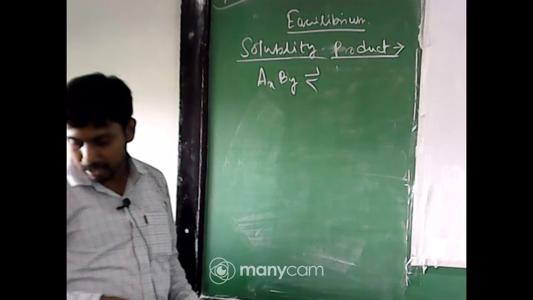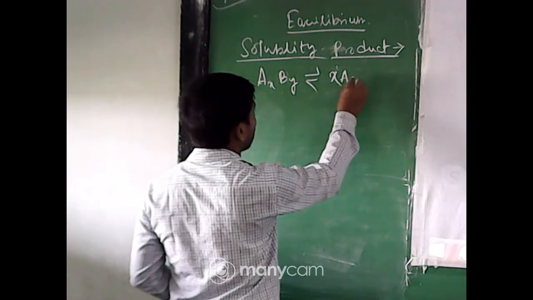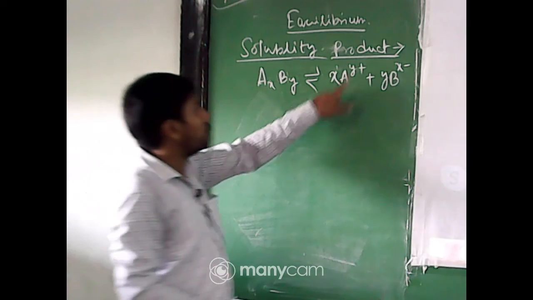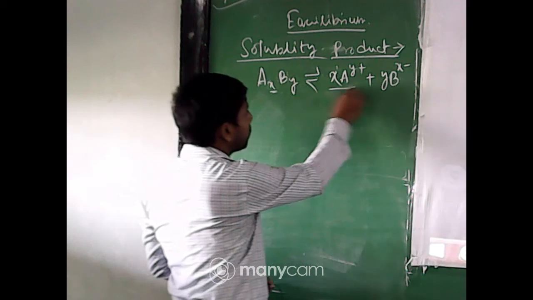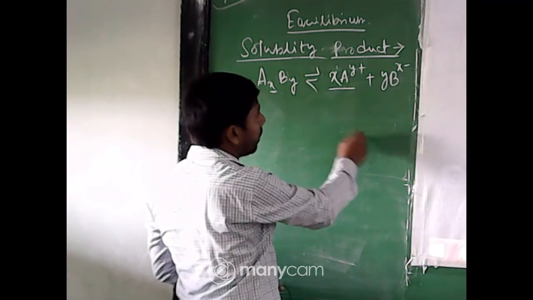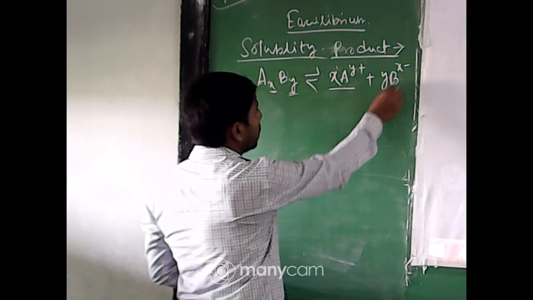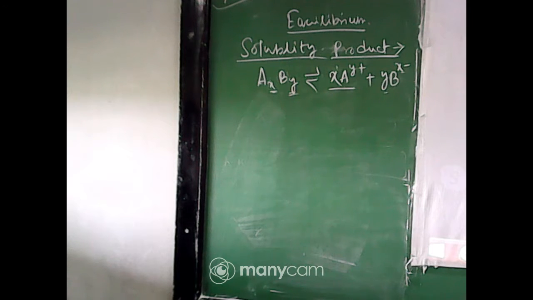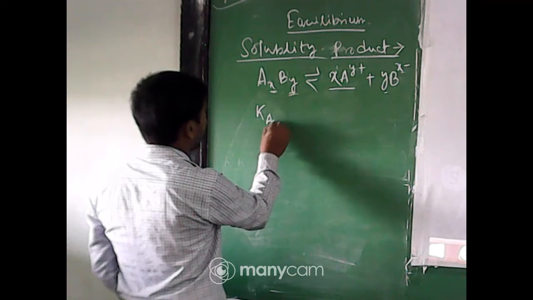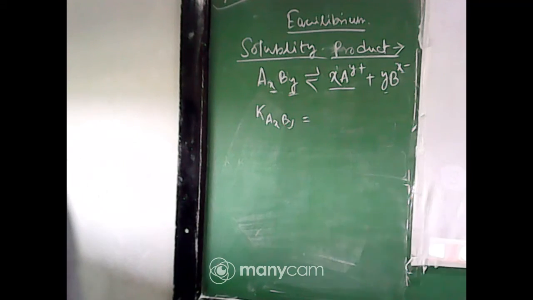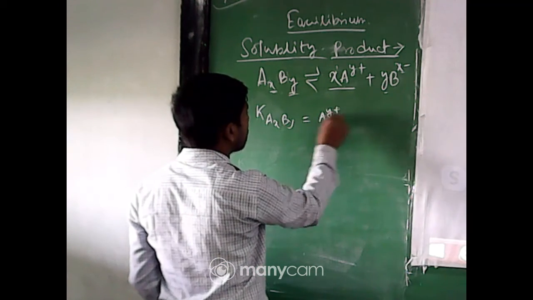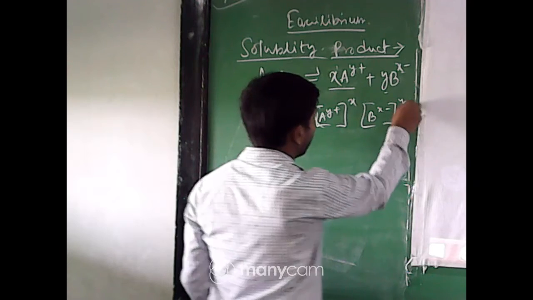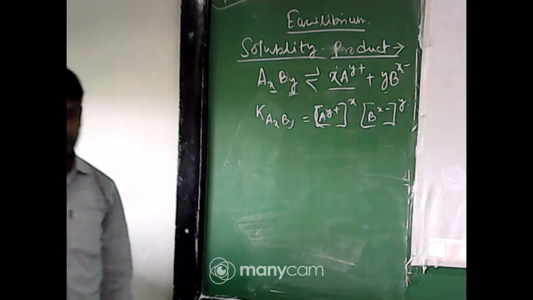Then it can dissociate as x A to the power y plus and y B to the power x minus. x A y plus means the number of A atoms with the valency of A, and y B x minus is the number of B atoms with the valency of B. So, for this type of salt, the Ksp of AxBy can be represented as A y plus to the power x times B x minus to the power y. So, it is the general term.